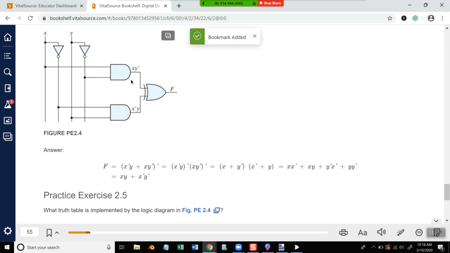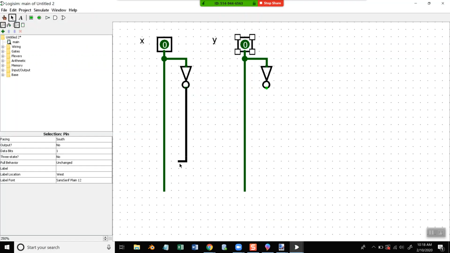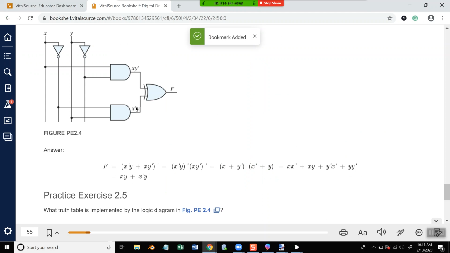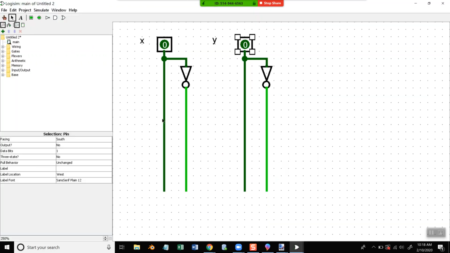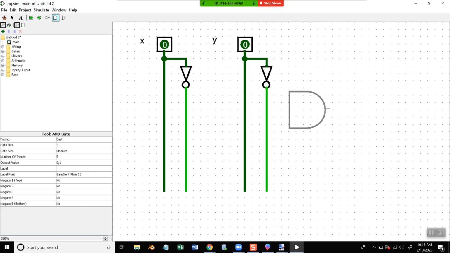Okay, so have this go all the way down to two AND gates. And that's going to be going into an XOR gate.